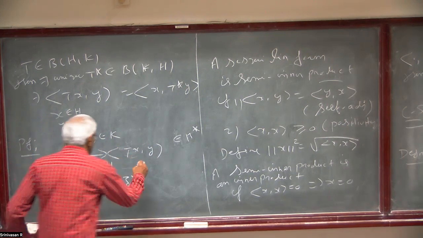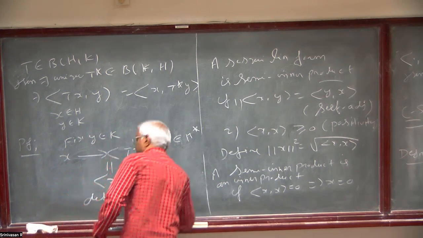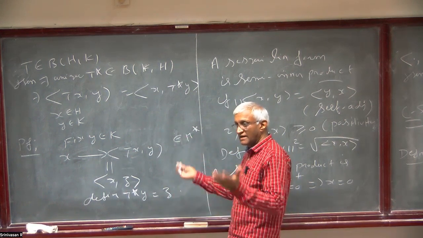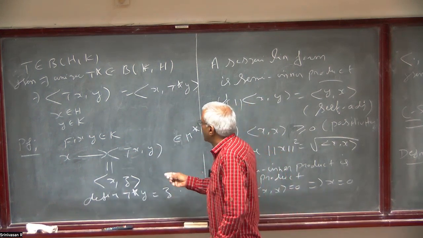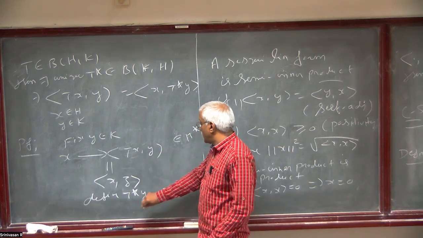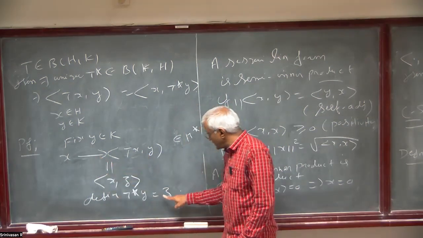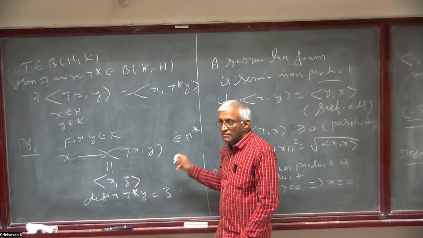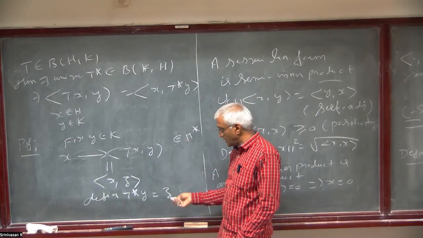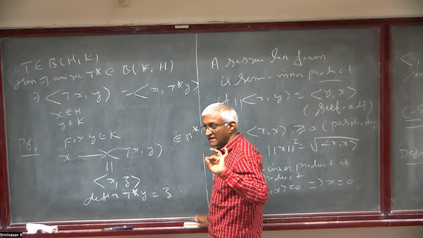And you define T star y equal to z. You can see, because of this uniqueness, that if you insert a lambda here, it becomes lambda bar. Because of this, these are verifications, but T going to T star is conjugate linear.